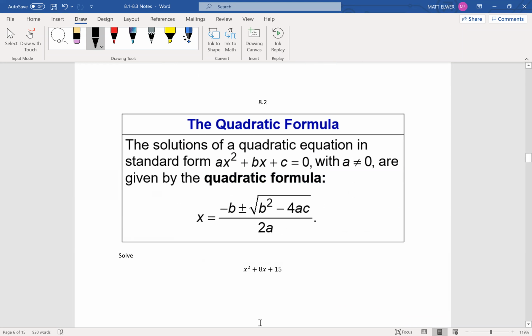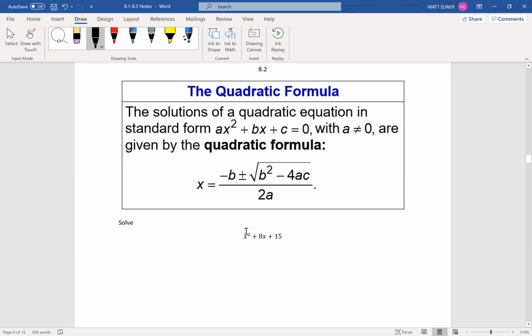So 8.2, we're going to go back to the quadratic formula again. When we want to find the solutions of a quadratic, as we've seen before, whenever we have a trinomial in this form, where you have an x squared term, an x term, and a constant, and that's equal to 0, with a not equal to 0, because if a was 0 it would just cancel out the first term, so it has to be a non-zero term, it's given by the quadratic formula.